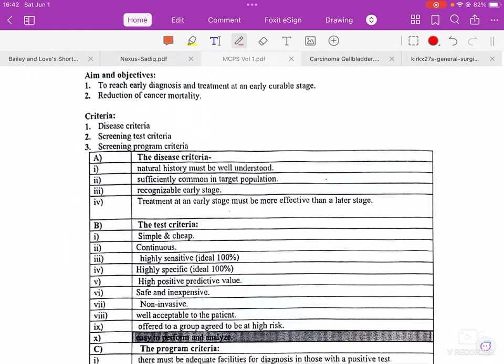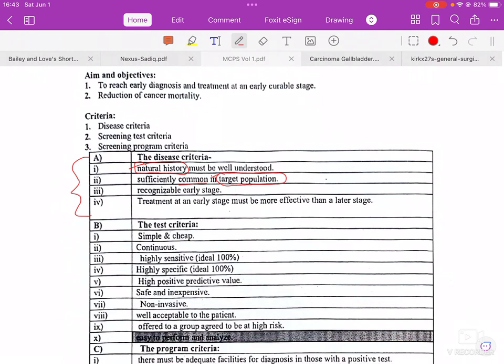Fourth, treatment at an early stage must be more effective than at a later stage. These four criteria must be present in a disease for cancer screening.